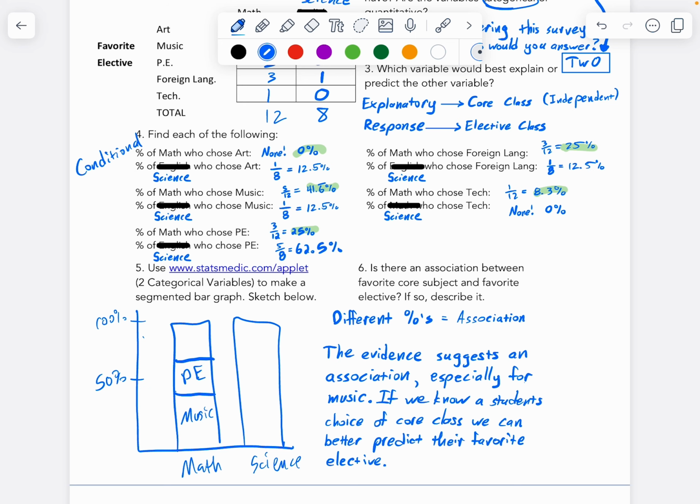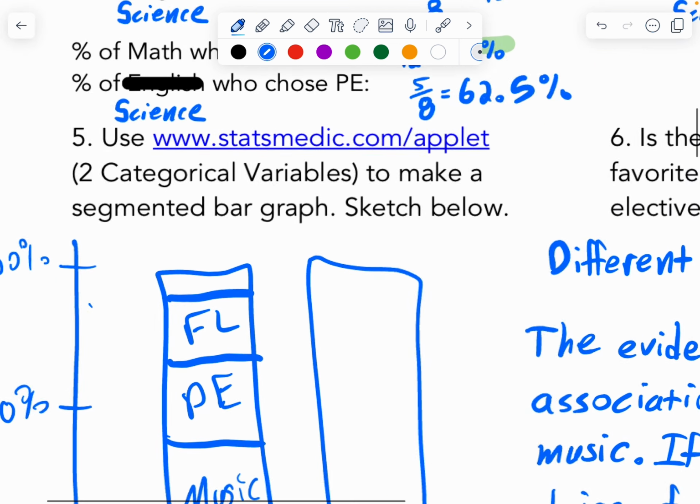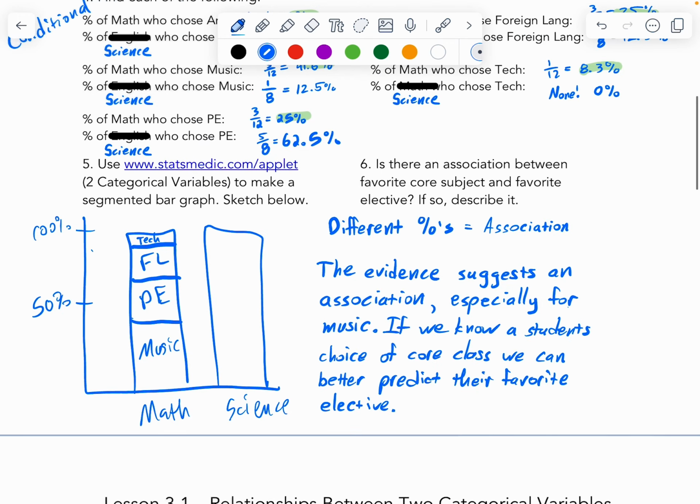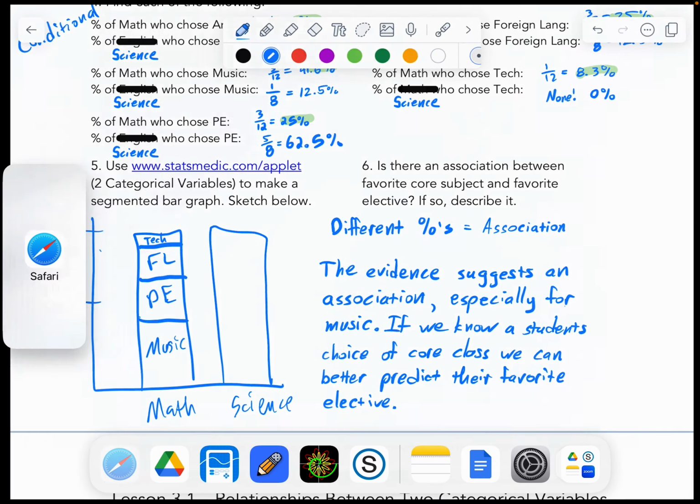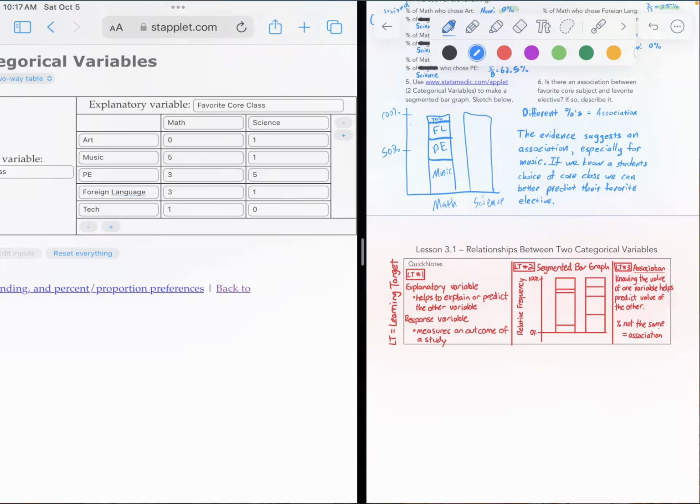Then foreign language, we have another 25%. So something like that. I'll put FL, and then the last 8% would be tech. Okay, so that would be doing it by hand, right? Not bad, but the applet will be much cleaner, much better.